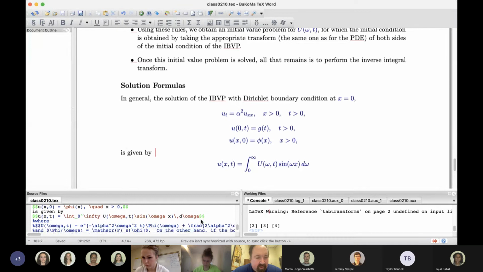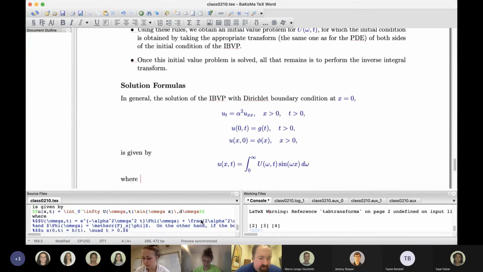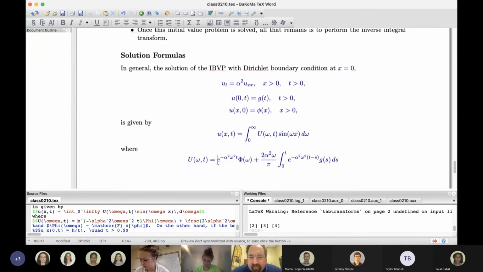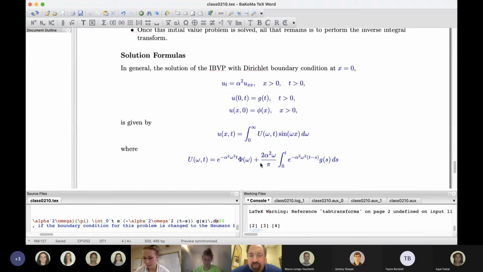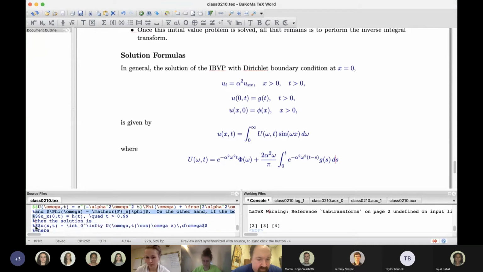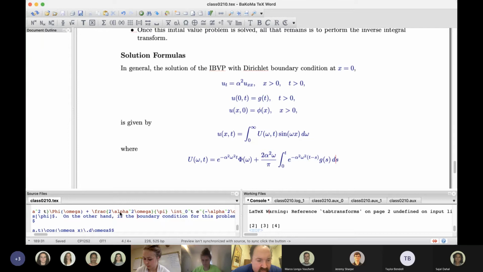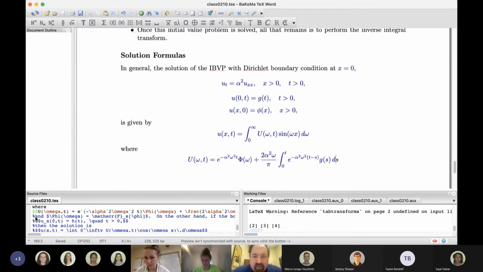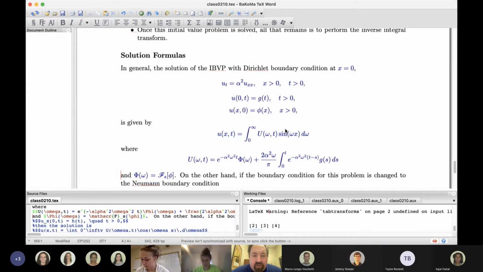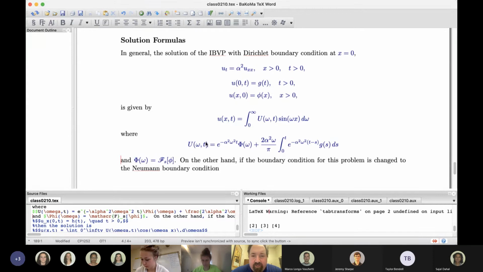And what you're taking the integral of comes from here. So this is your solution formula for the transform of your solution, where this capital phi of omega is the Fourier sine transform of your initial data.